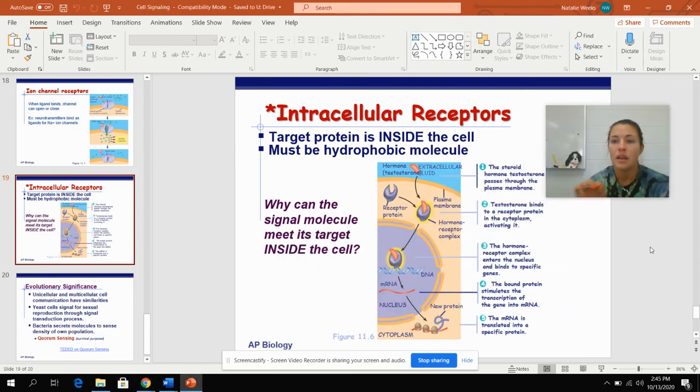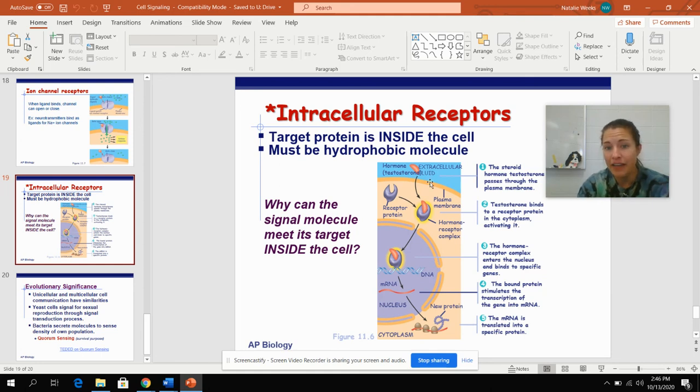We do have one little difference with some of our molecules too. We also have intracellular receptors. This is where your target protein has to already be inside of the cell. Therefore, your ligand has to be hydrophobic. So why can a signal molecule meet its target inside of the cell?